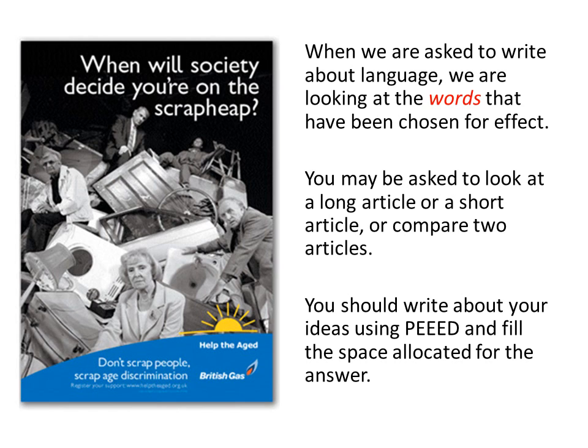When we're asked to write about language, we're looking at the words that have been chosen for effect. You may be asked to look at a long article or a short article or compare two articles. That's for the higher students. You should write about your ideas using PEED and fill the space allocated for the answer. These two final points are very important.